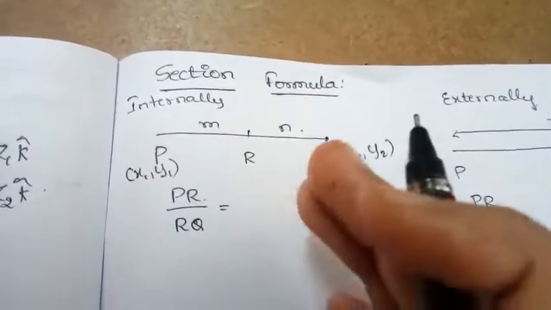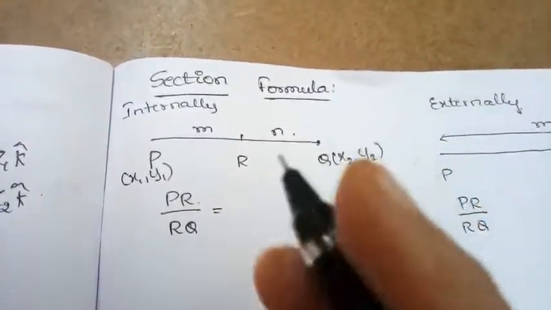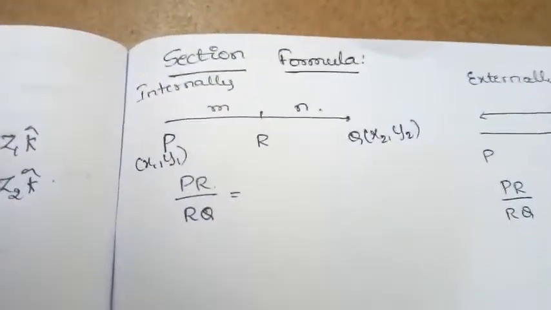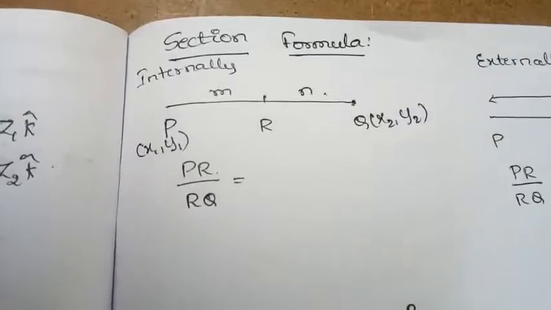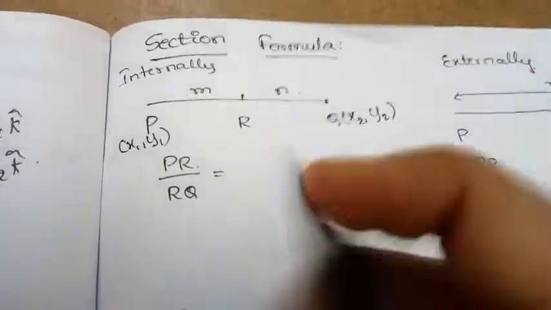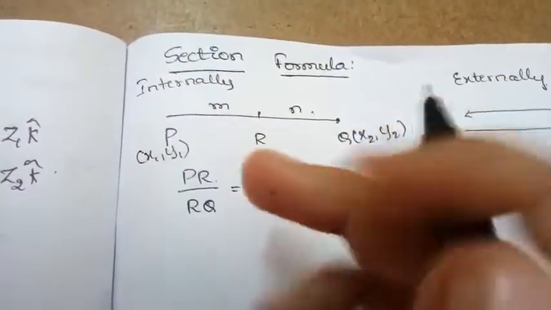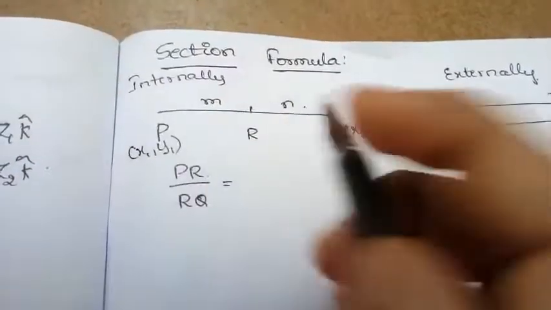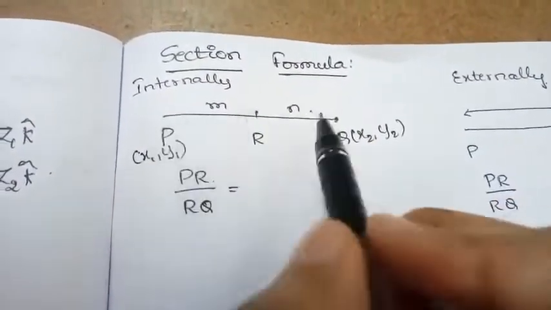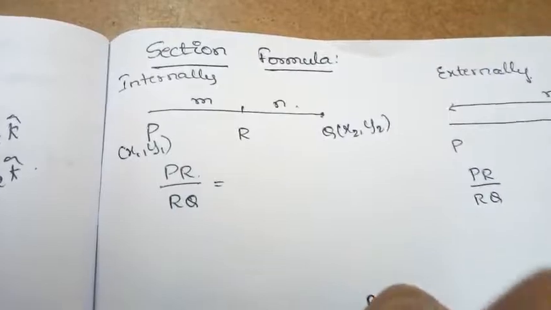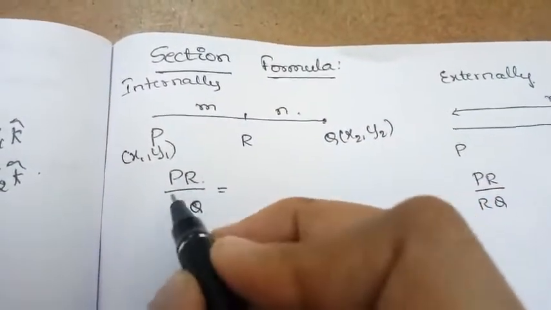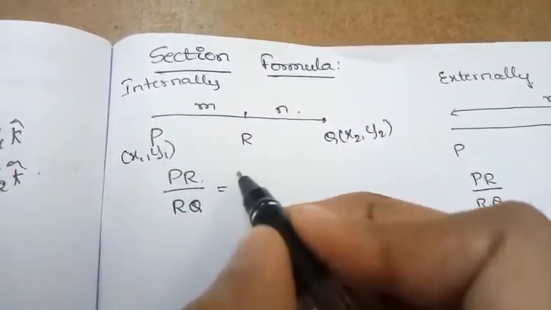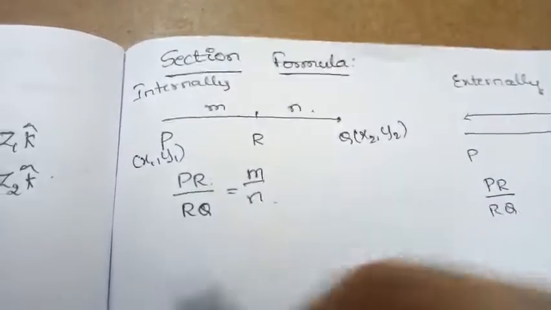Listen to the word I am using: the point R divides the line segment PQ, it is dividing, not cutting. It divides the line segment PQ in the ratio m:n such that PR by RQ is equal to m:n.